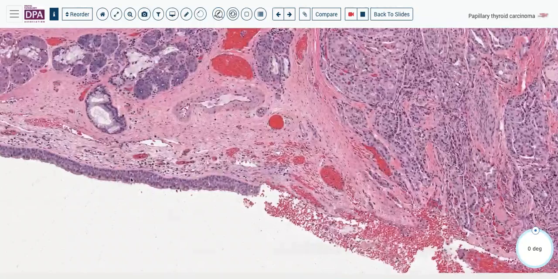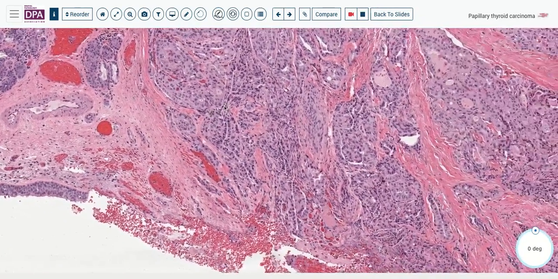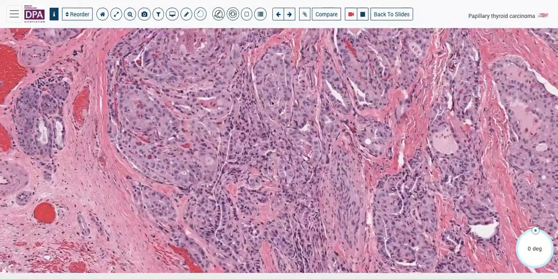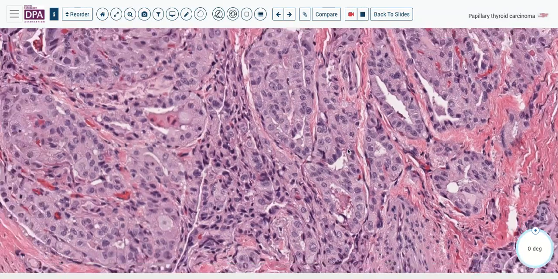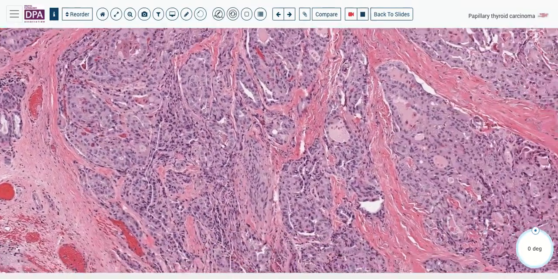Here's the pseudostratified columnar epithelium, tracheal seromucinous glands, and here we have a neoplastic proliferation. And as we look at higher magnification, it has the nuclear features and a sort of follicular pattern that would be consistent with papillary carcinoma.